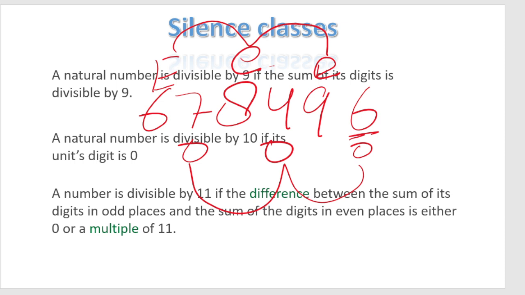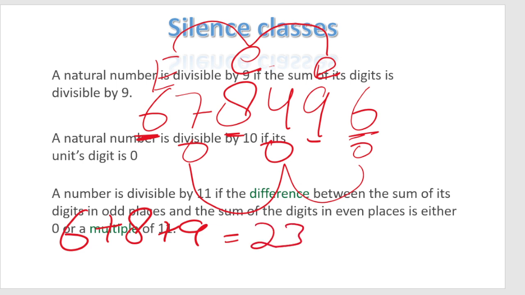Even numbers are those divisible by 2. So we add the even-place digits: 6, 8, 9. 6 plus 8 plus 9: 9 plus 8 is 17, 17 plus 6 is 23.